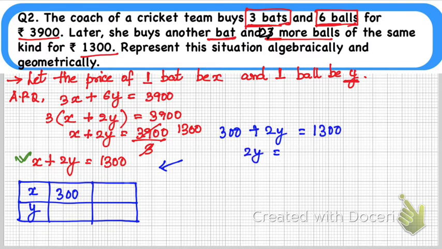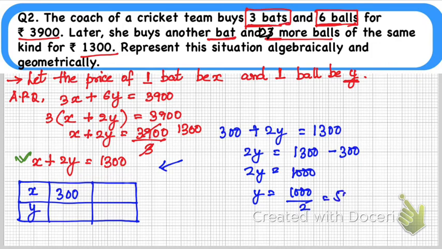So 2y will be equal to 1300 minus 300. So 2y will be equal to 1000. So y will be equal to 1000 by 2, that will give us 500. So here we got 500.